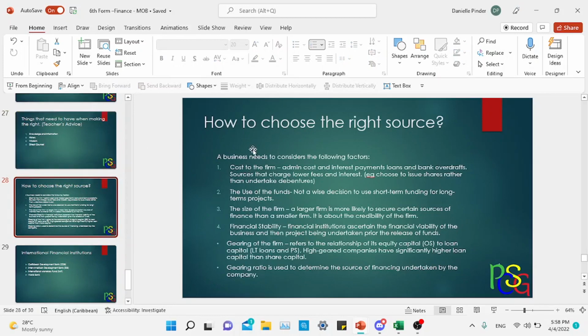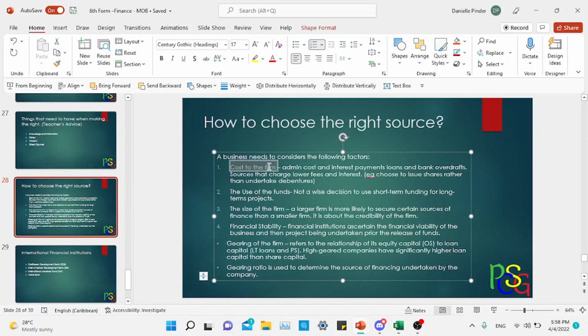So then, how do we choose the right source of income? Well, these are the 5 things that a business has to take into consideration. The cost of the firm. How much do you have to pay, or undertake?